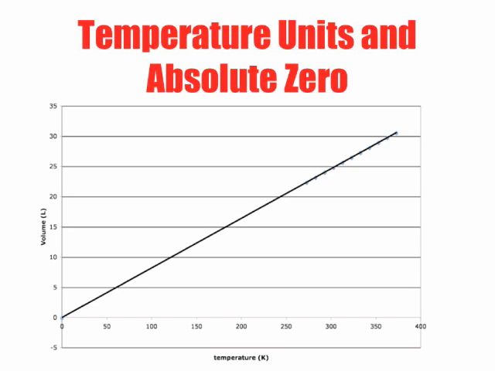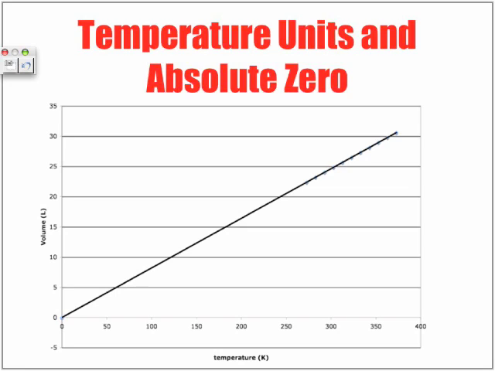If we look at the following graph, on the y-axis we have the volume in liters, and on the x-axis we have the temperature in Kelvin. Absolute zero is at 0 Kelvin and at 0 volume.